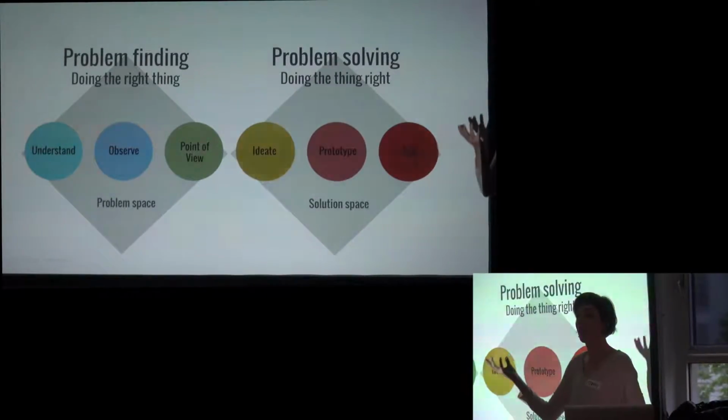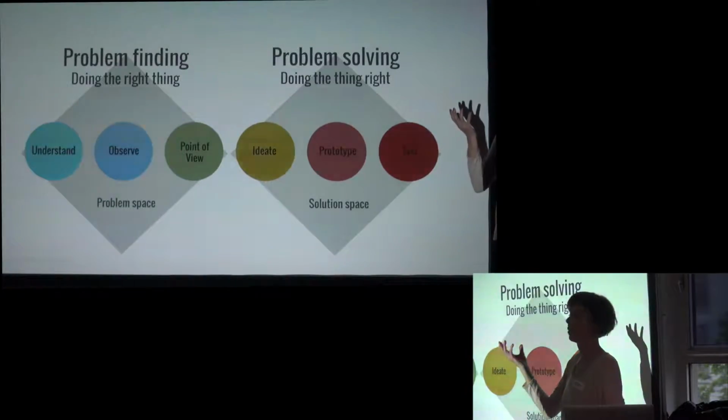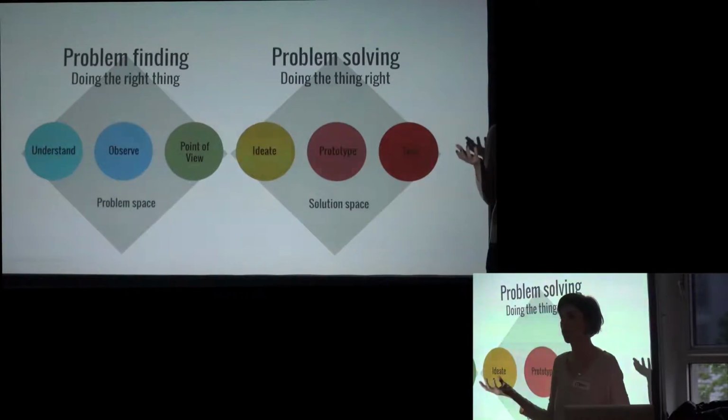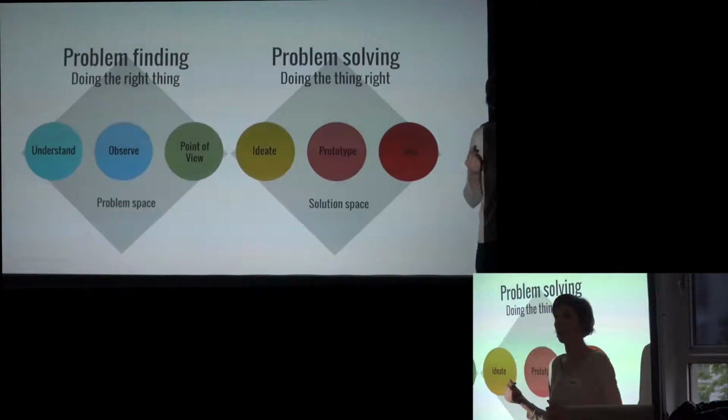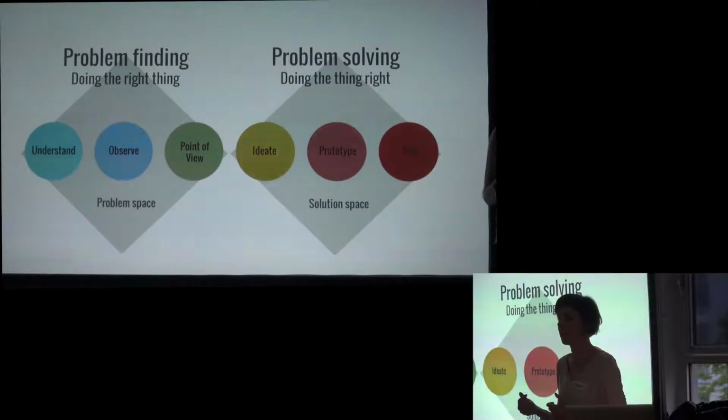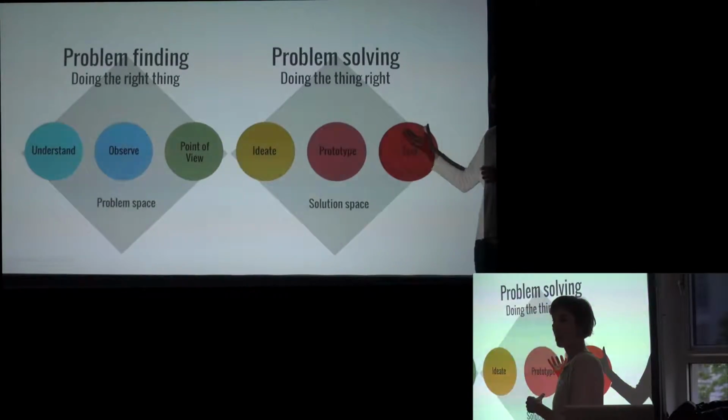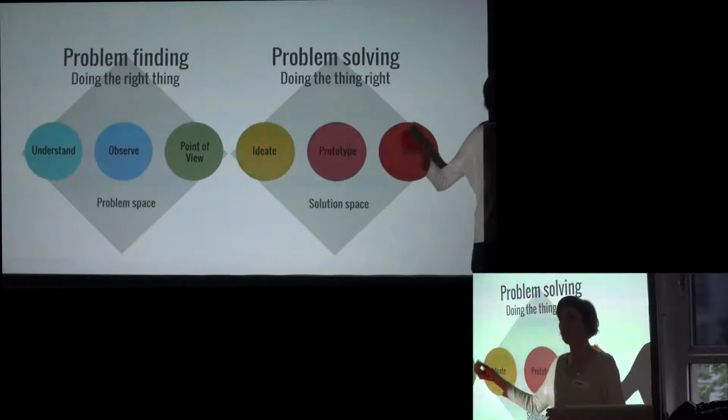So you really have to first find a problem worth solving. Once you have that, then you can start innovating and coming up with amazing ideas. But that doesn't happen on its own. So you really have to understand who your users are.